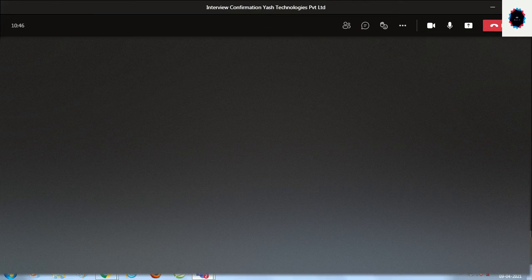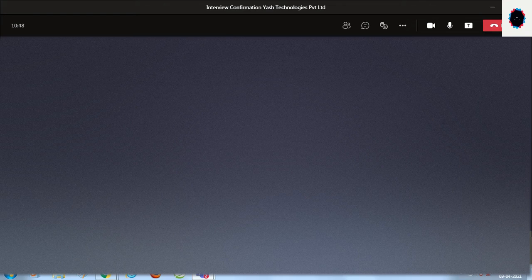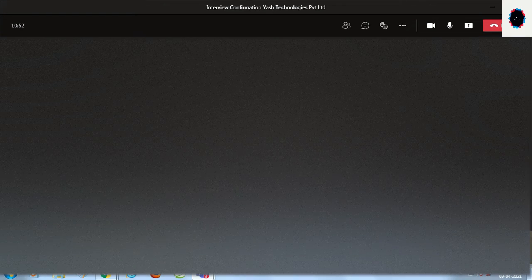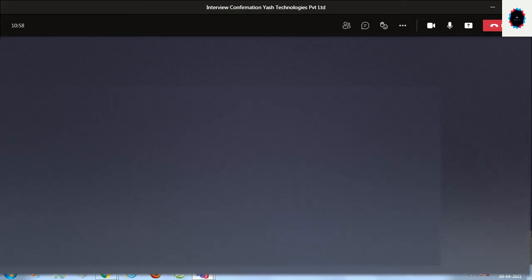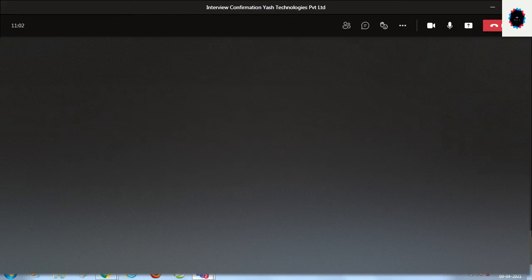Okay. Do you know the internal working of LinkedHashMap? Yeah. Can you tell me how LinkedHashMap works? So LinkedHashMap uses nodes.